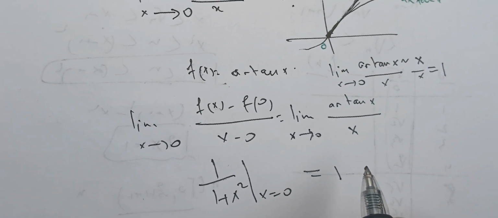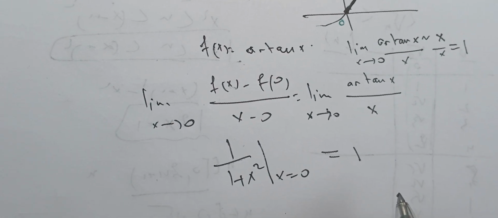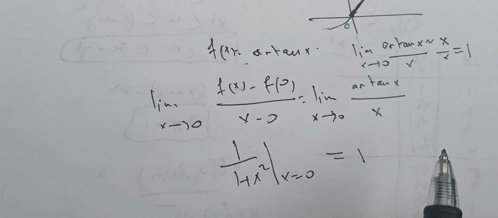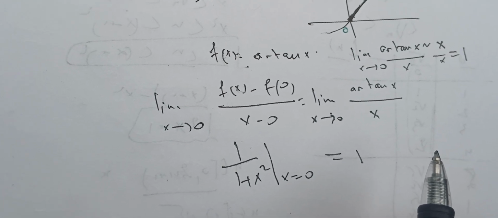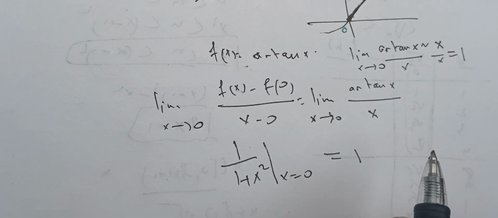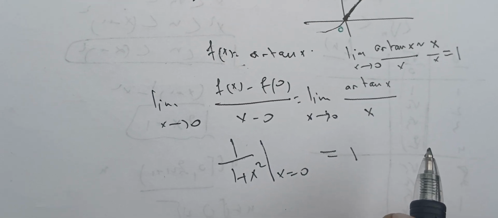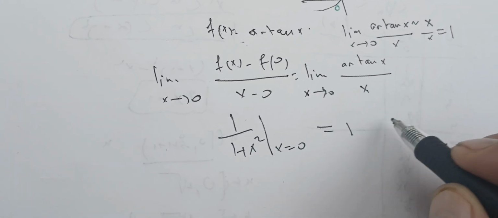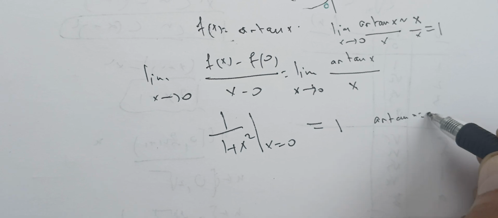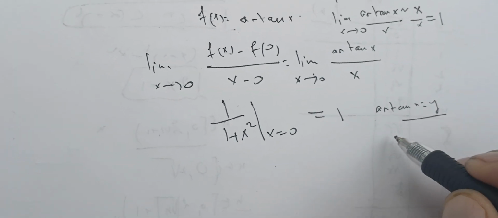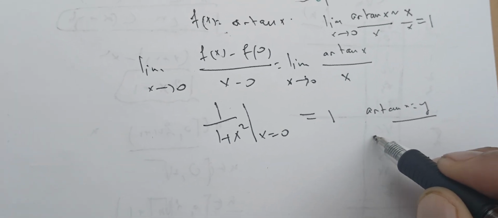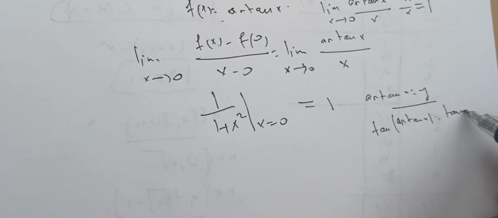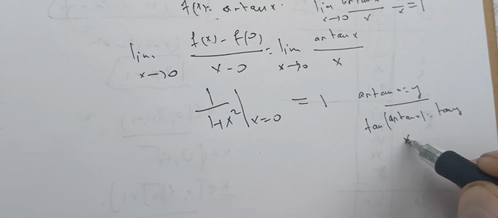Another key idea that we can use is a change of variable. If we let arctangent of x be y, then the tangent of the arctangent of x is tangent of y, and this is just x.